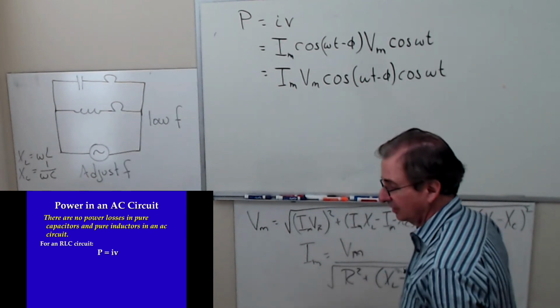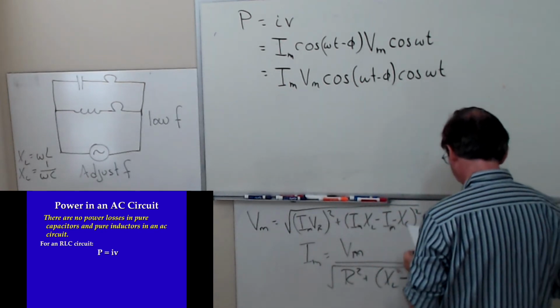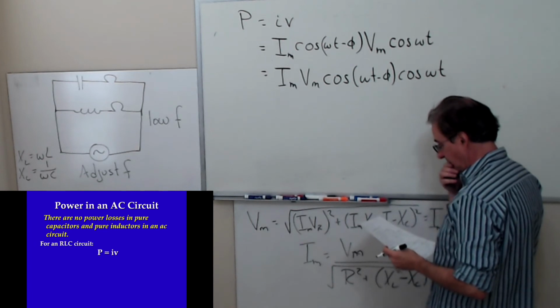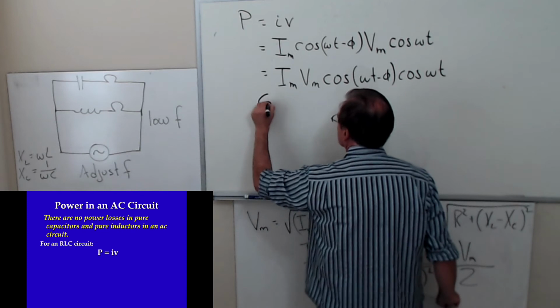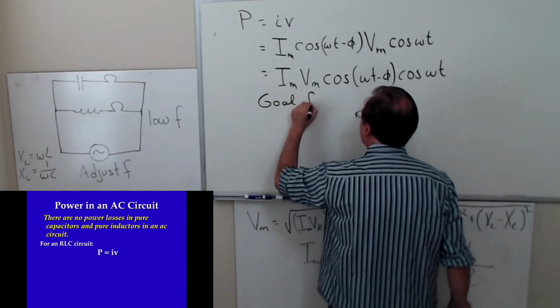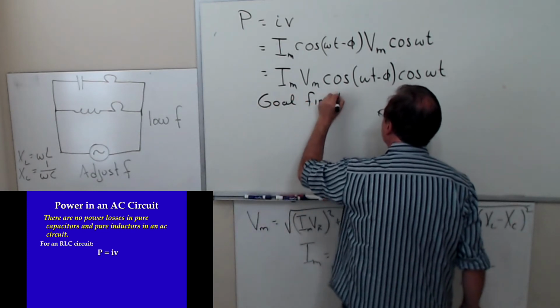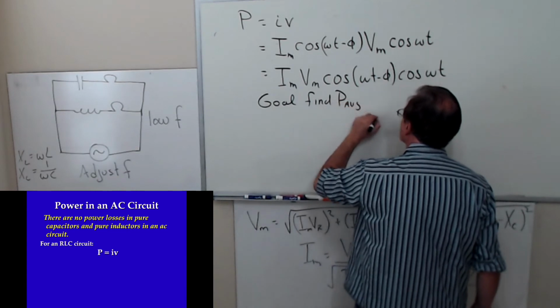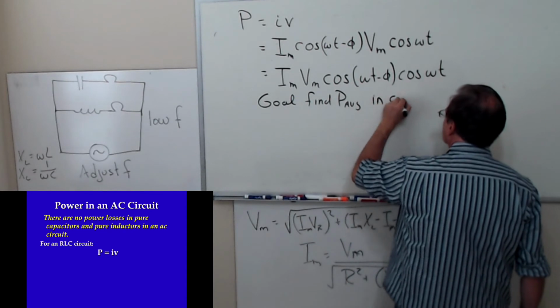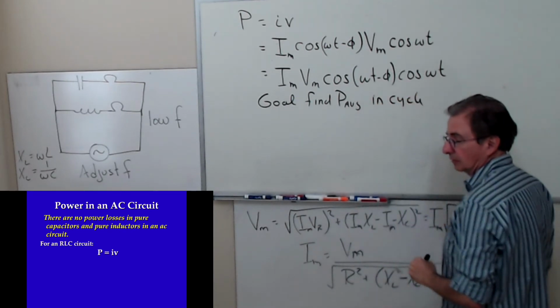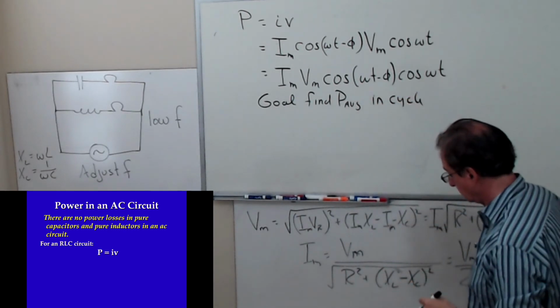What I want to know is the average power in a cycle. The goal: find P average in a cycle, whatever omega is. Okay?